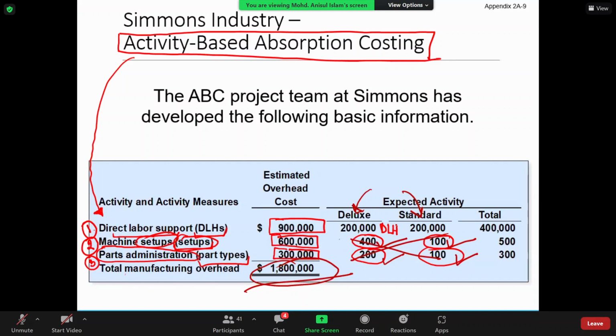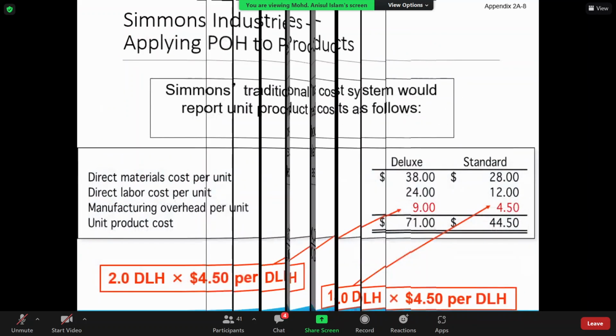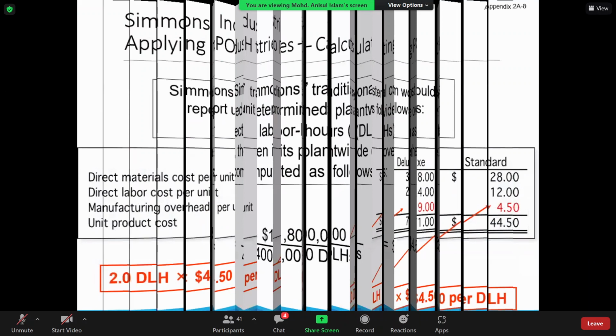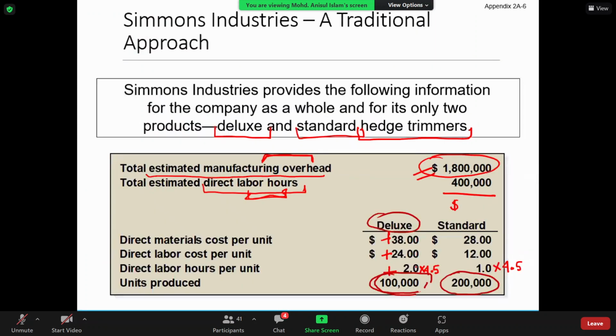Application. Obviously, they require direct labor hours, but you see that deluxe requires more direct labor hours and standard requires less, but this 4.5 does not reflect clearly the differences between these two products.